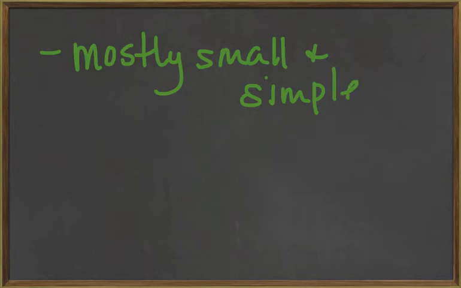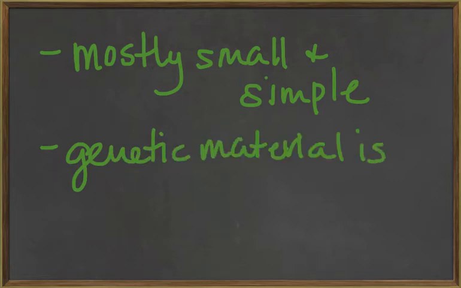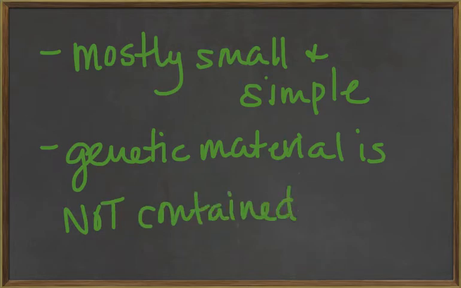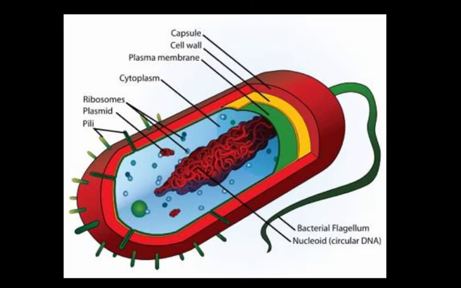Prokaryotic cells are mostly small and simple. Just like with everything else in life, there are exceptions to this, so they don't all fall into the mostly small and simple category, but most of them do. And then the genetic material, the DNA, is of course not contained in the nucleus. So those are your common characteristics.